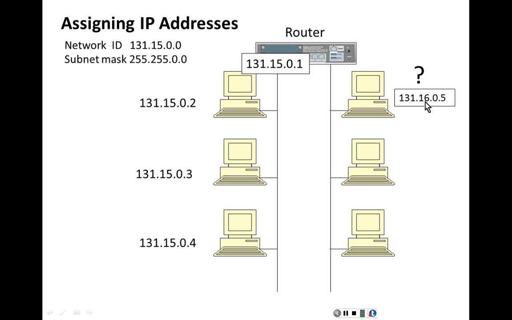That's been assigned to somebody else for use in another building. Can I use 14? No. I got to make do with what I have, 131.15. So I got to find a way to make this single network ID into two subnet IDs, and of course this is what subnetting is all about.